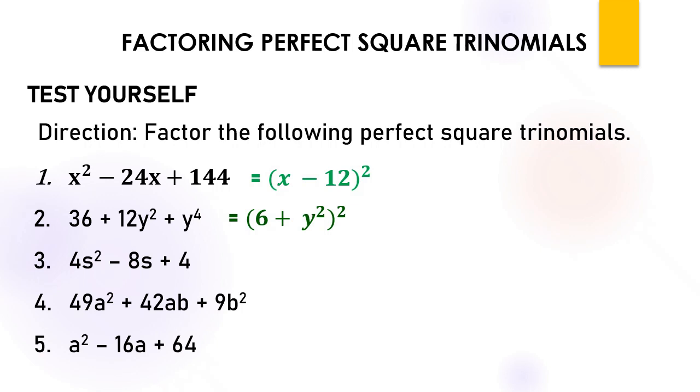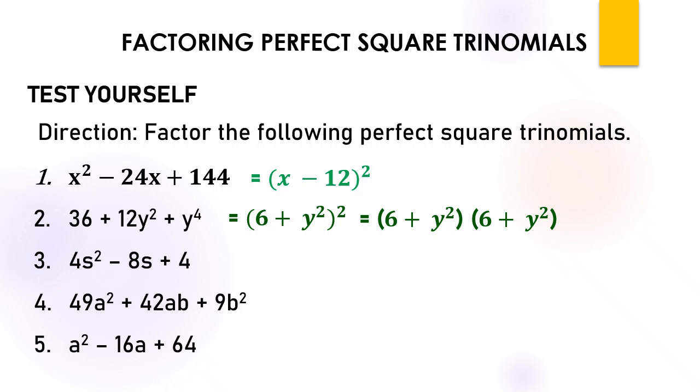Now, let's check if the square of 6 plus y squared is the true factor. To check, we're going to multiply. So let us expand the square of 6 plus y squared. It will be multiplied by itself.